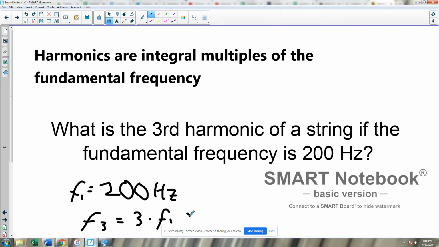This is some pretty simple math, but this would come out to 600 hertz. So the third harmonic is 3 times the fundamental, the lowest possible frequency.